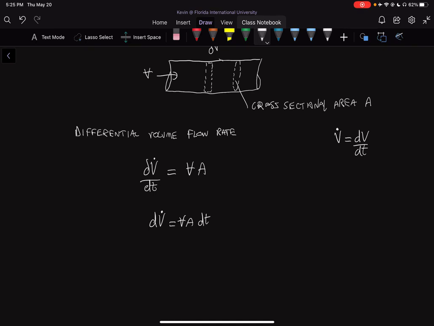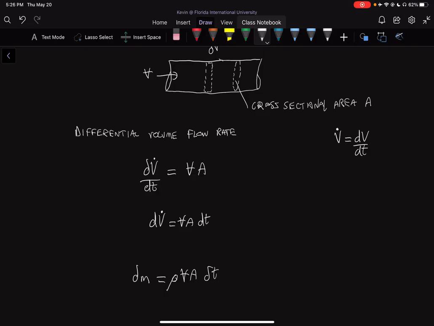Now, the differential mass going across this surface is just the volume flow rate multiplied by the density. So we can say that dm, the differential of mass, is equal to the density times velocity times area times dt.